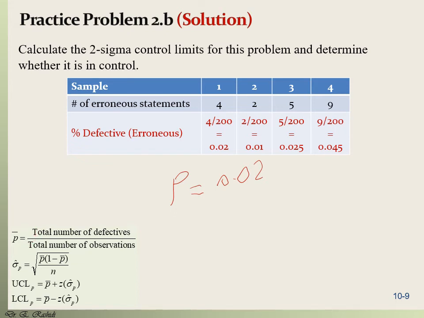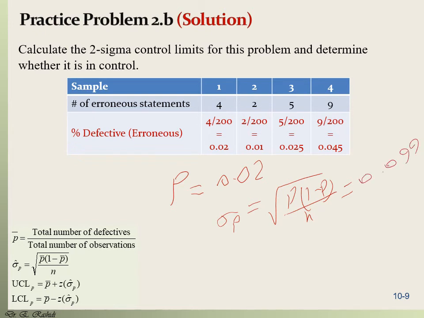We can also compute the standard deviation of P. So that's the square root of P multiplied by 1 minus P divided by N, which is 200. And that's equal to the square root of 0.02 multiplied by 0.98 divided by 200, and that's 0.099.